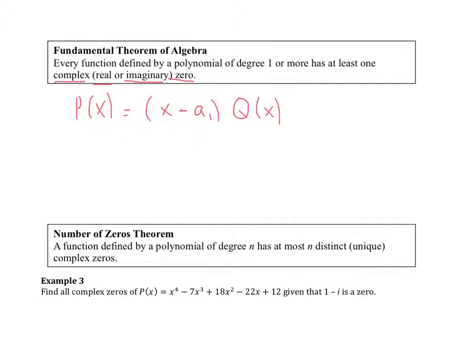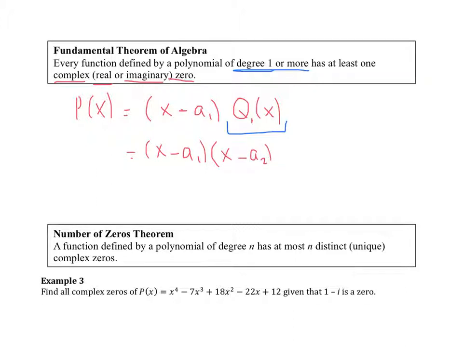If this polynomial here is of degree 1 or more, you can repeat the process, which means you can factor again. Let's call this q1 to say it's the first one. I have my first root, but if this q1 is a polynomial of degree 1 or higher, I could find a root of that one, and let's call it a2.